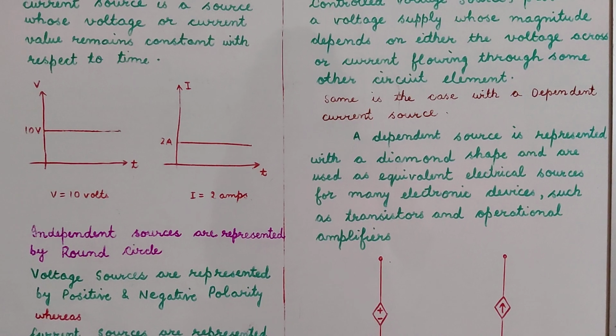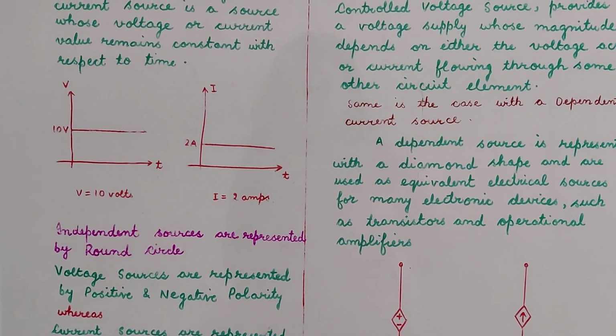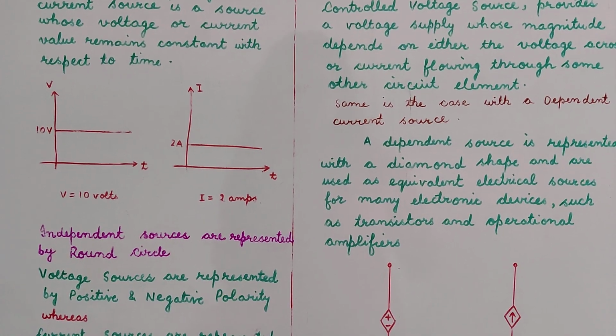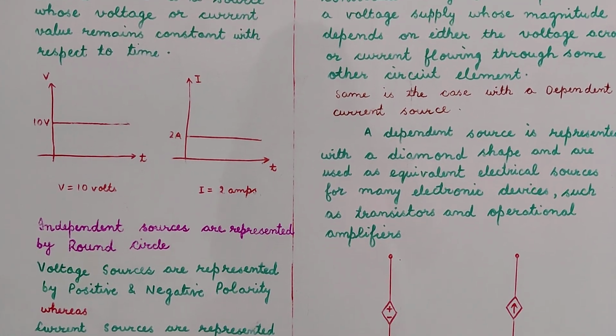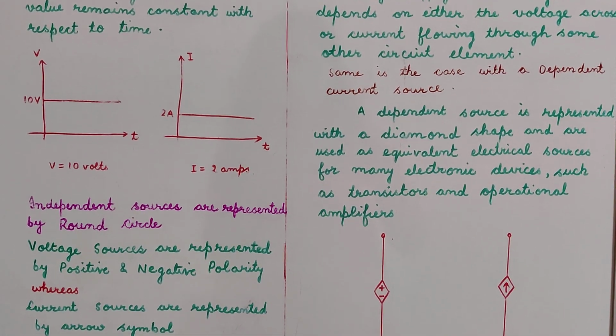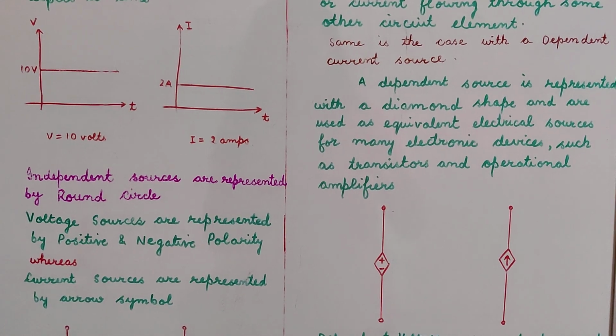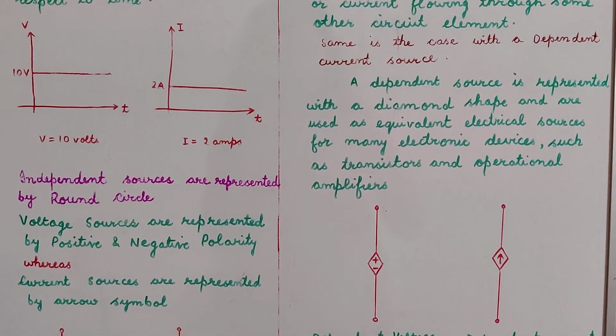Now, the independent sources can be represented by round circles. And we know that the voltage sources are represented by positive and negative polarity, whereas the current sources are represented by arrow symbol.